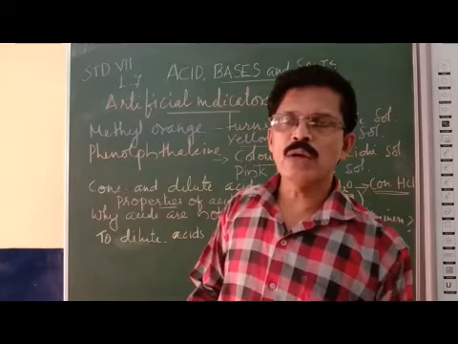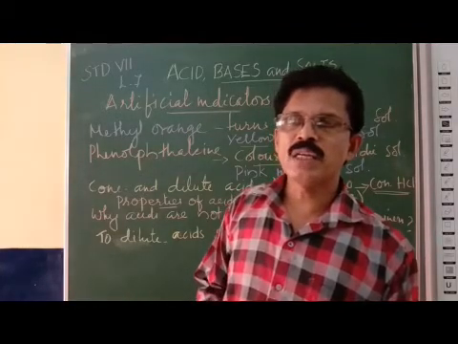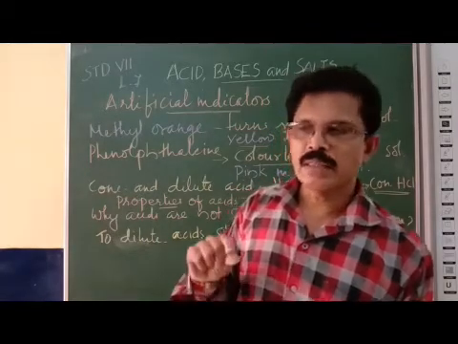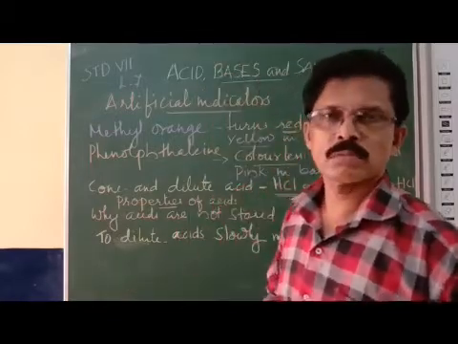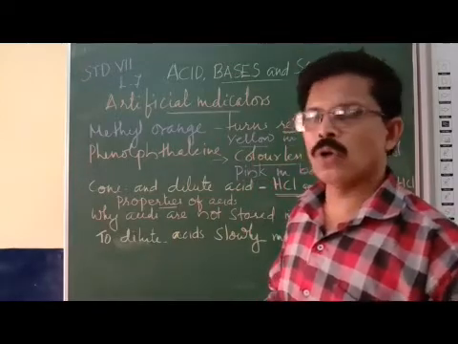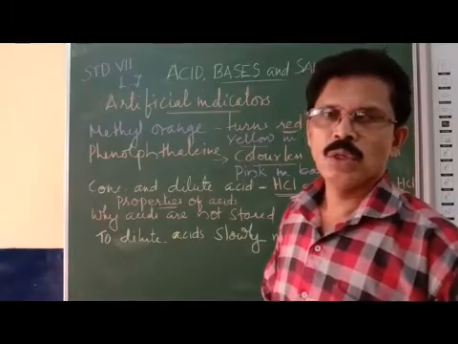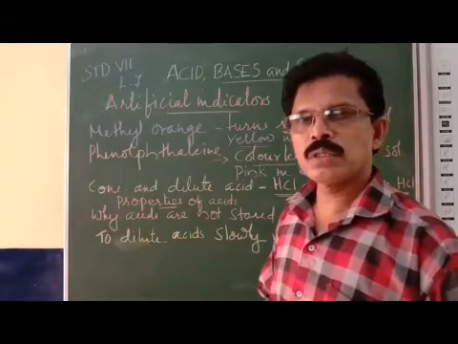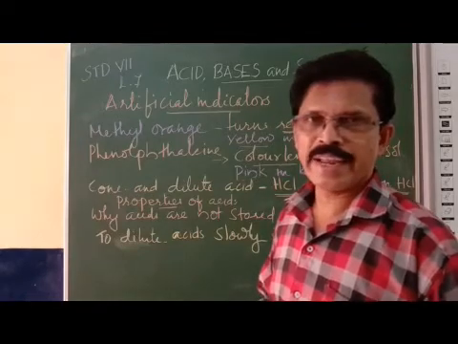So how to dilute acids? Acids should be mixed slowly with water. Take a small quantity of acid and take more water. The small amount of acid dissolves very slowly in the larger amount of water, so the heat released will be negligible. It will never release a sudden burst of heat and explosion.